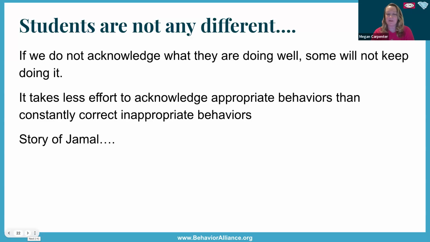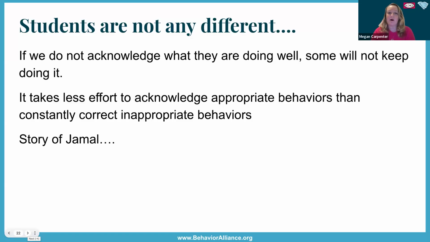I always think back to Jamal, the kid that was supposedly the worst kid ever. He had been labeled a sociopath at 12. And with a little support, Jamal ended up passing fifth grade and moved on to middle school, and he went January through July, we had quite the year, without being suspended, which was the first time in a while, because he had a little bit of support and positive feedback.